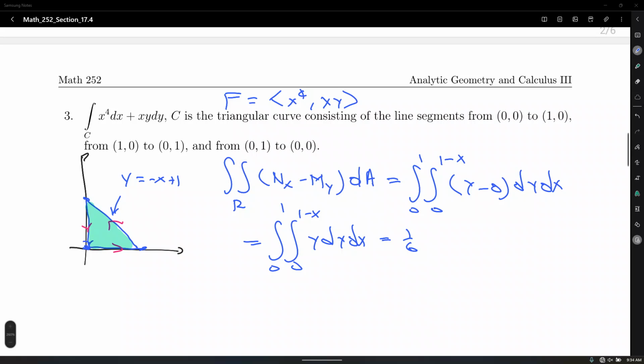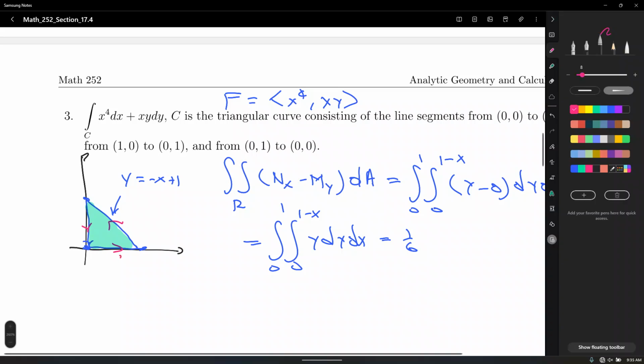It's about C, okay? What I'm asking is about C. Do you feel like evaluating 3 line integrals? C1, C2, C3.